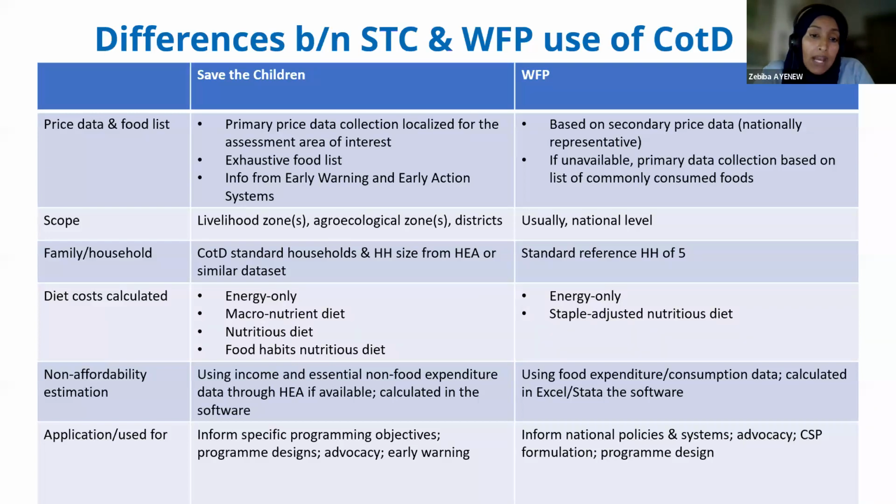Then in terms of application or use of cost of the diet results, the WFP fill the nutrient gap analysis is usually to inform national policies and systems for advocacy and country strategic planning processes, and also program design, whereas the Save the Children method focuses on informing specific programming objectives, such as calculating transfer values, also for program design, advocacy, and early warning.